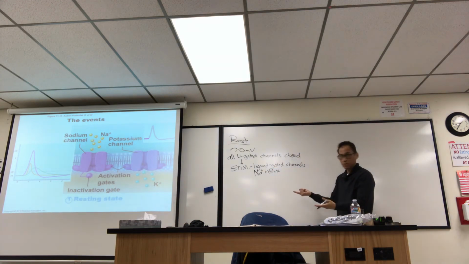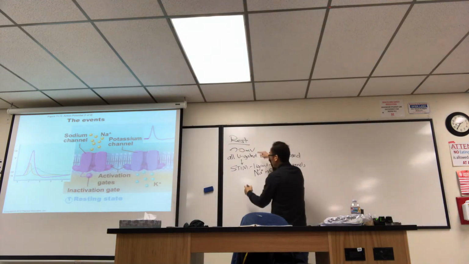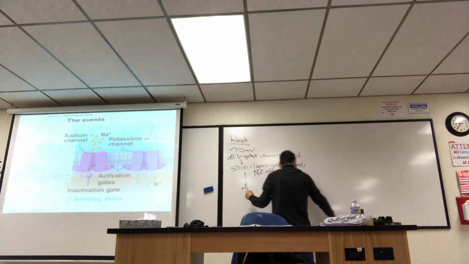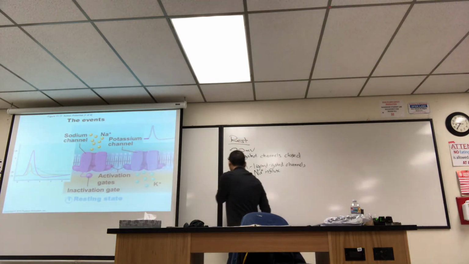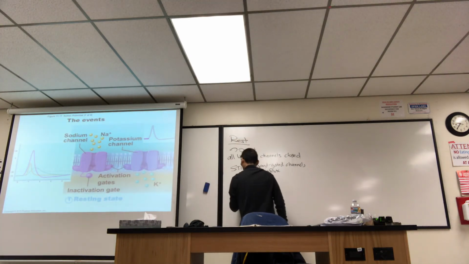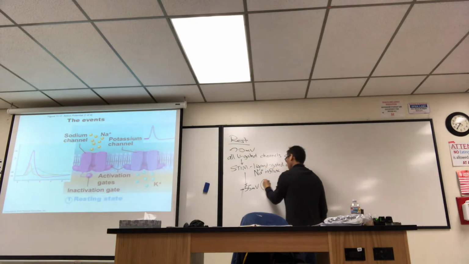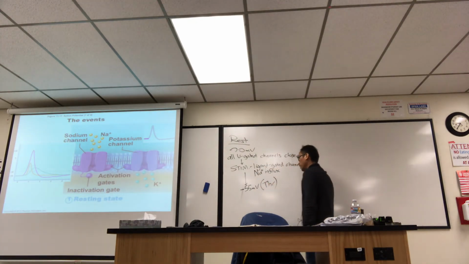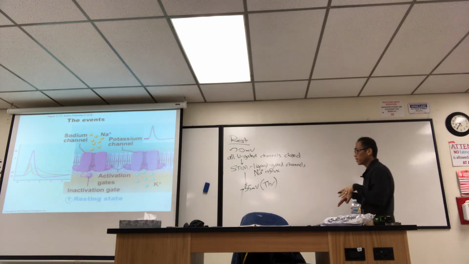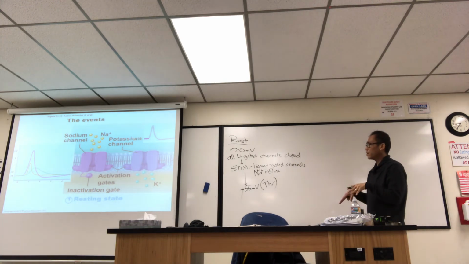Maybe you reach threshold. Threshold would be to go from there to -55, not plus, sorry. So maybe that's the threshold potential, and maybe that's enough positivity to open the voltage-gated sodium channels.